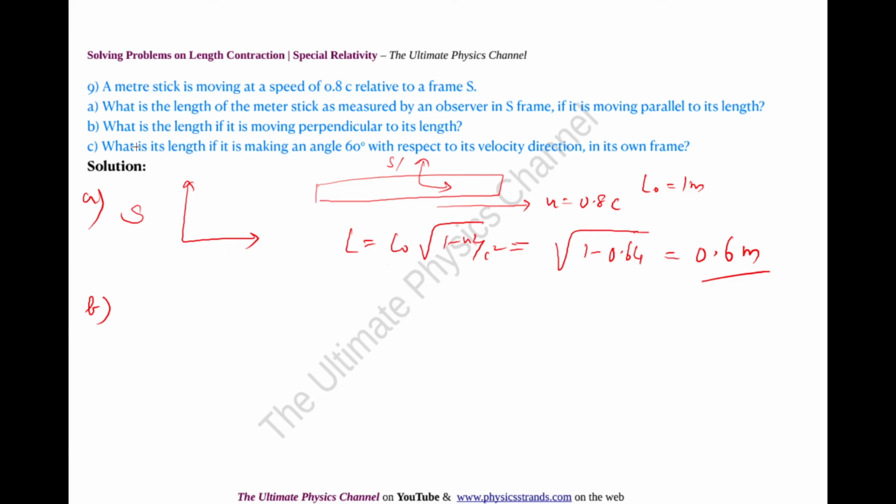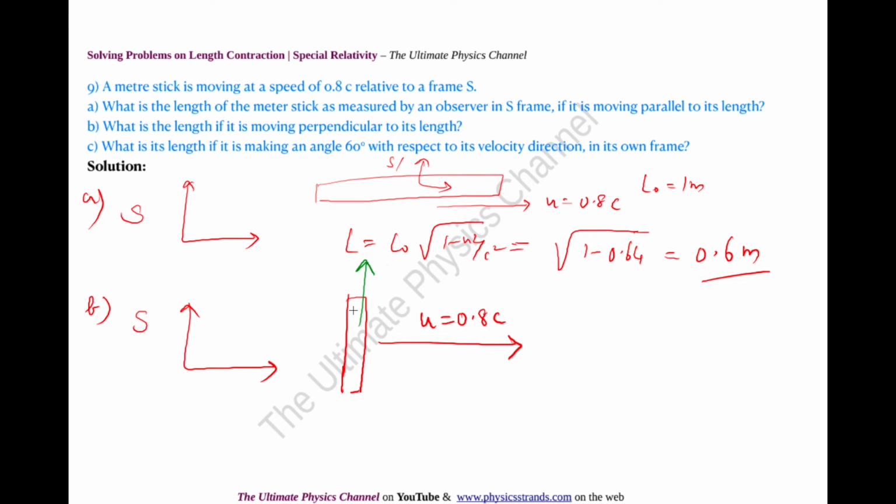But the next part, what is the length if it is moving perpendicular to its length? So the same observer is now measuring the meter stick to be moving perpendicular to its length. So the direction of motion is in this direction. The length of the meter stick is in this direction.